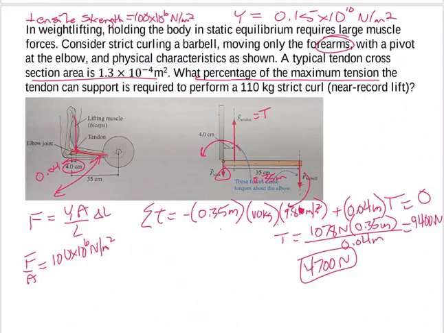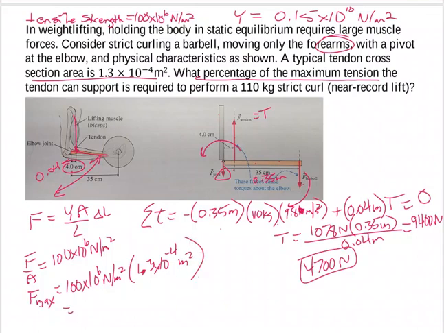If I multiply both sides by the area, we have the maximum tension. This would be F max, or T max, equals 100 times 10 to the 6th newtons per meter squared times the cross-section area, 1.3 times 10 to the negative 4th meters squared. That is a 1.3.